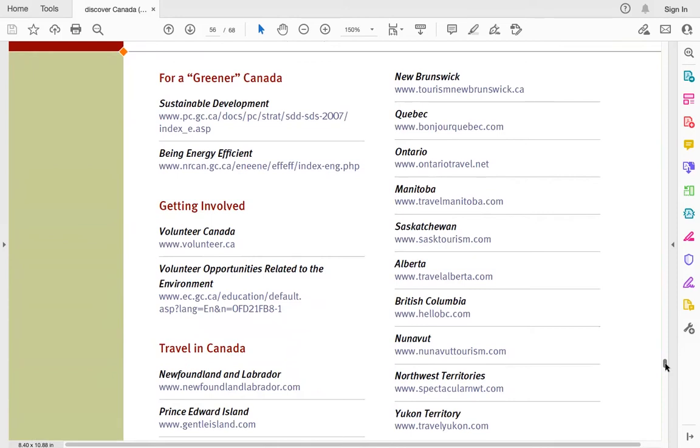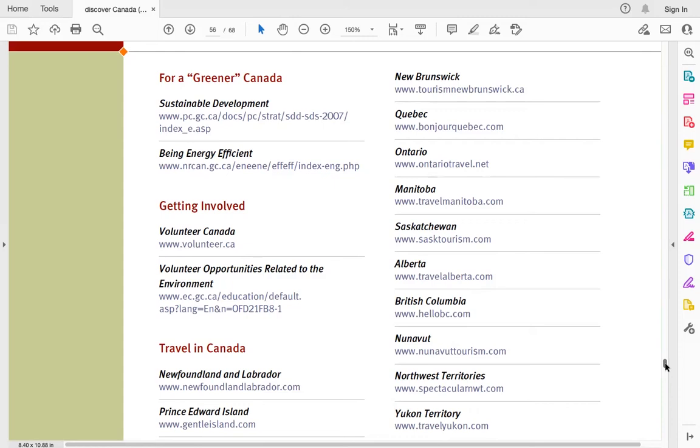Sustainable development, www.pc.gc.ca/stds-2007/index_e.asp.